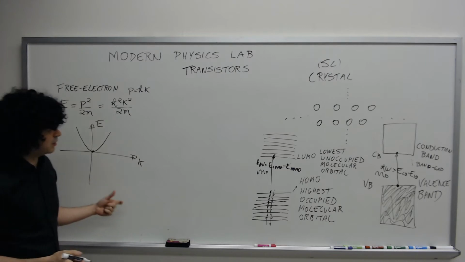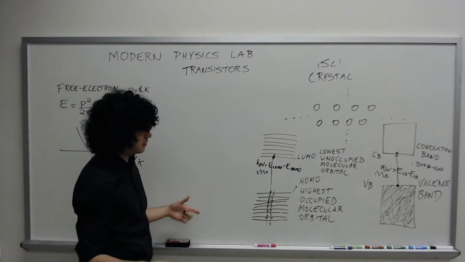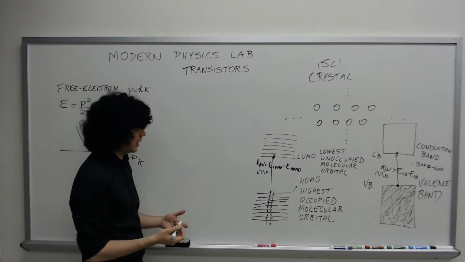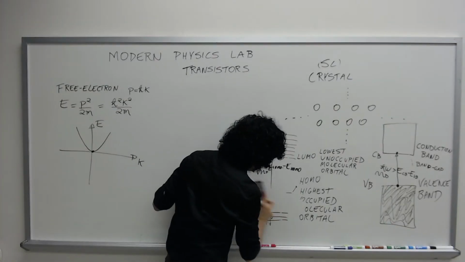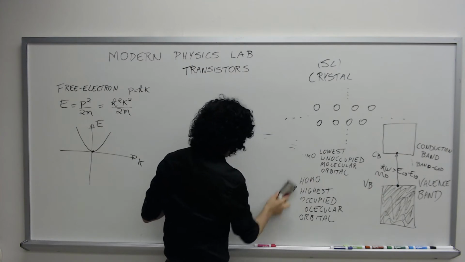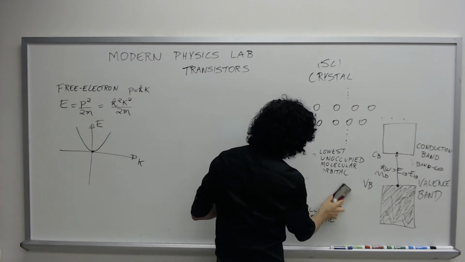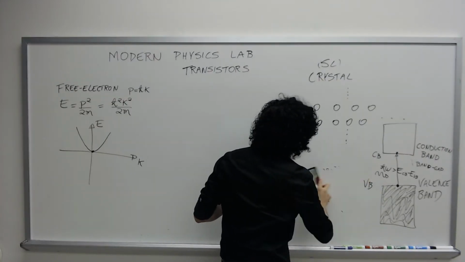In a semiconductor crystal, where the electron is confined in the crystal lattice, you can no longer use the same relationship.